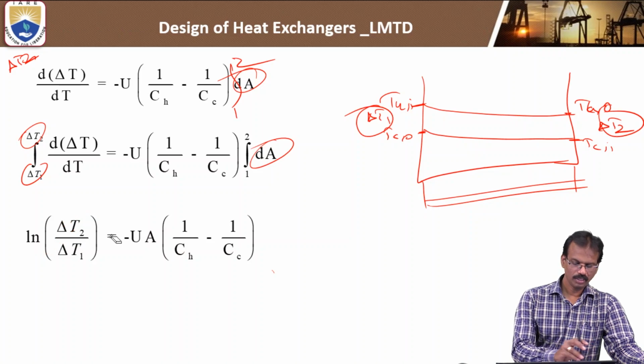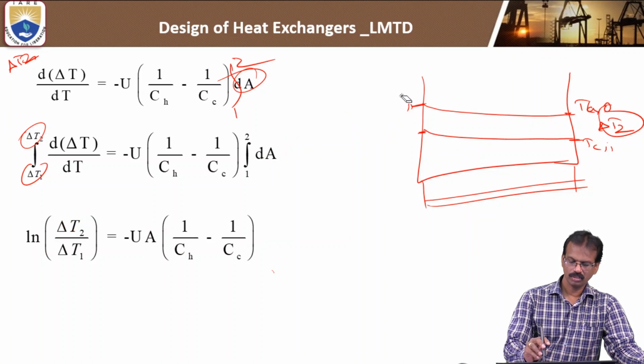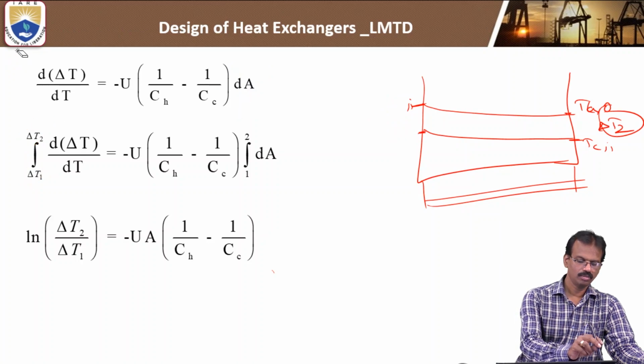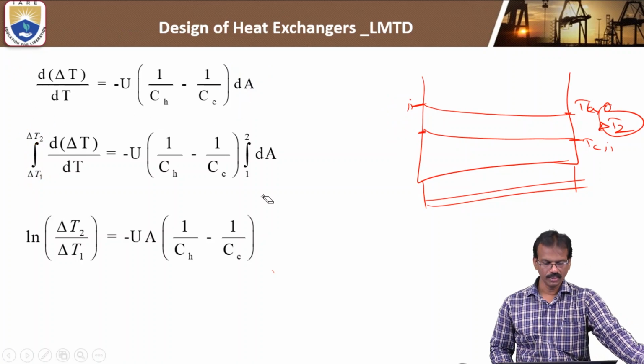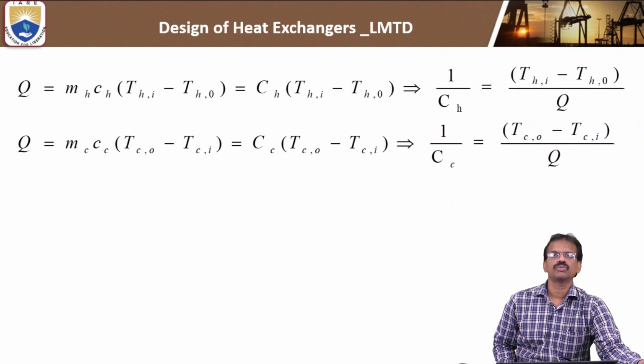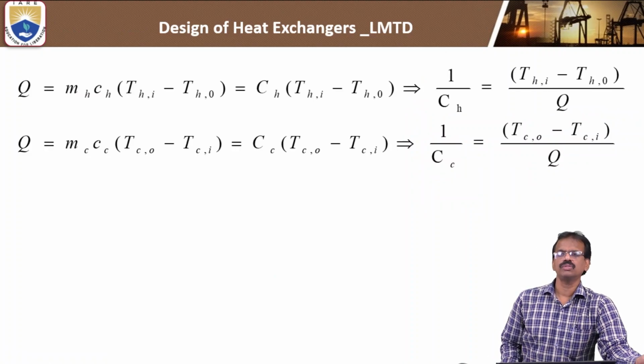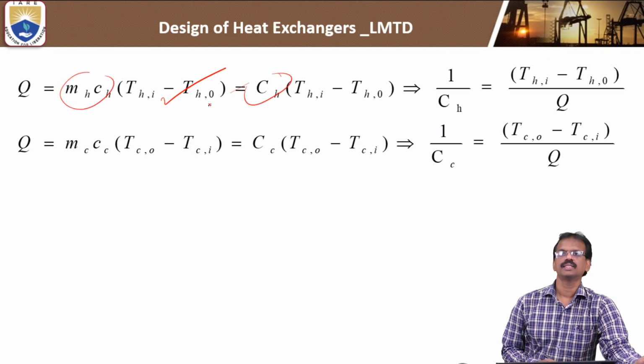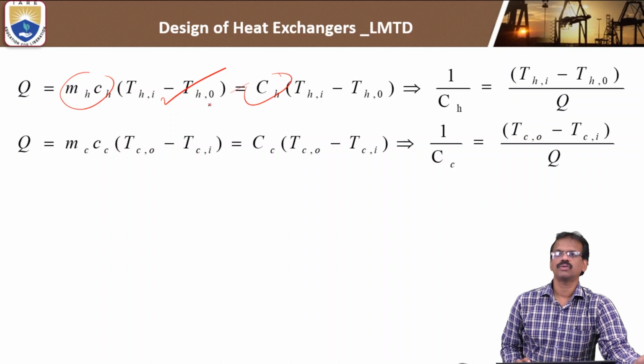Then we know the energy balance equations for the hot fluid and cold fluid with respect to thermodynamics formulas. Q is equal to mh Ch into the hot fluid temperature difference. So mh Ch is nothing but capital Ch, the specific heat of the hot fluid, into the hot fluid temperature difference.